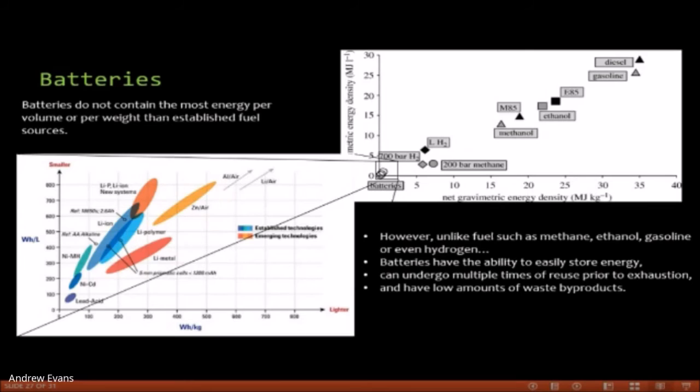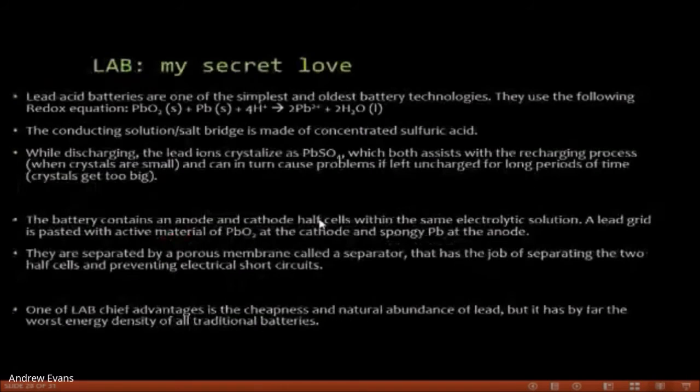And also we can use these multiple times by recharging them. So they can be used multiple times before they're dead. And plus, when we do, there's usually a low amount of waste byproduct. Some of them can be recycled. There's not a lot of issues that are nearly as bad as, say, diesel when we burn that.